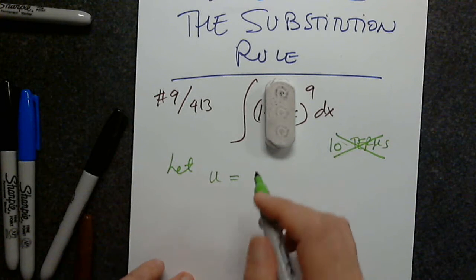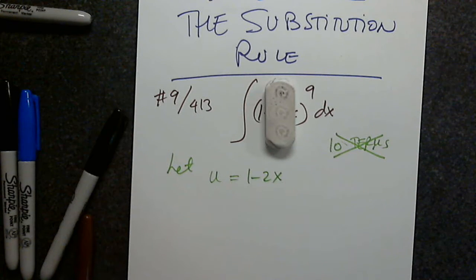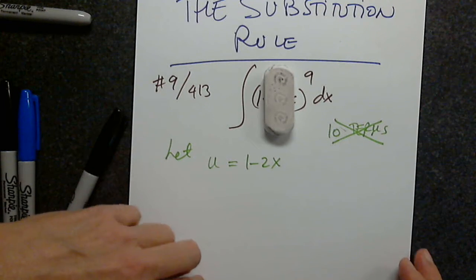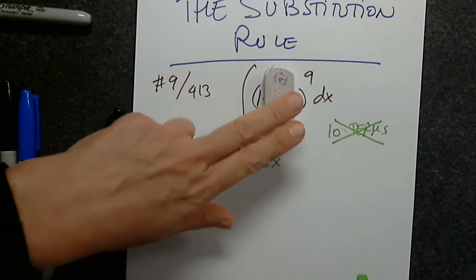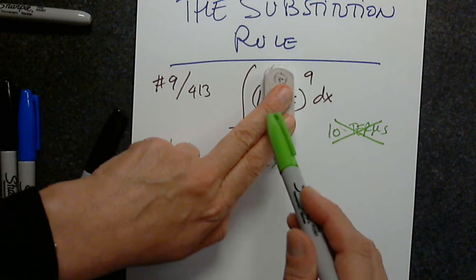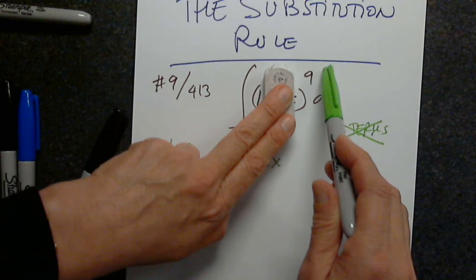So let u be 1 minus 2x. So I'm not changing the function, but I'm denoting it by u. Then look what happens. This will be much nicer, right? To have u to the 9th power.